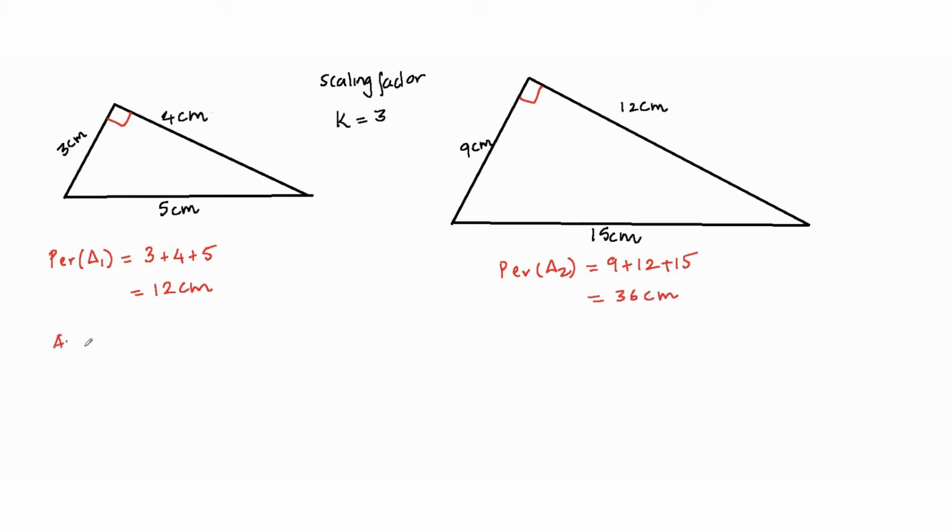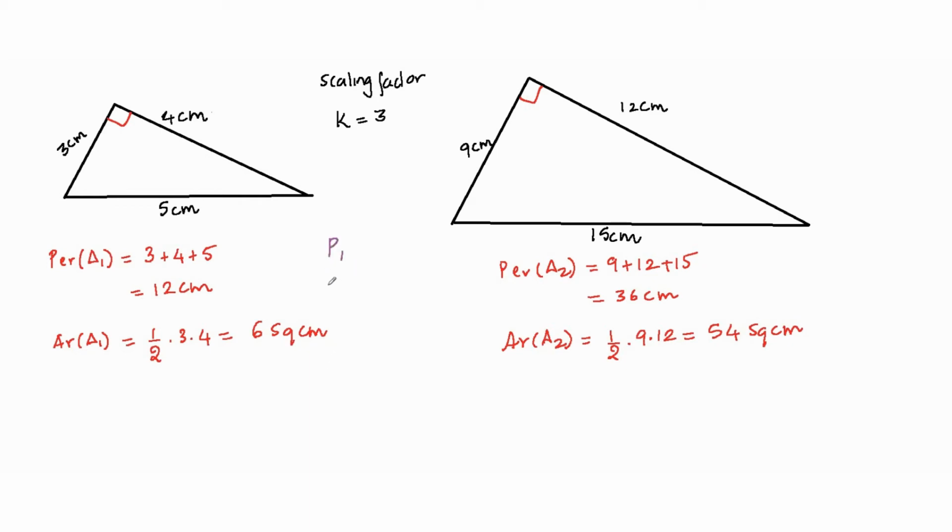The area of triangle 1 is going to be half into base into height. That's half into 3 into 4, which is 6 square centimeters. And the area of triangle 2 is given by half into 9 into 12, which is 108 by 2, is 54 square centimeters.